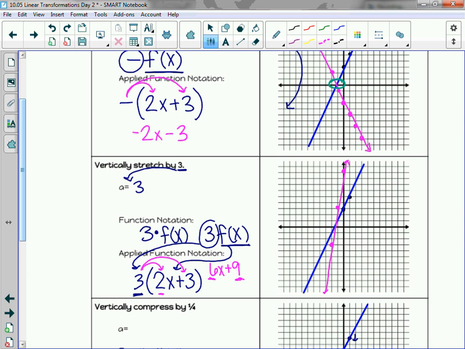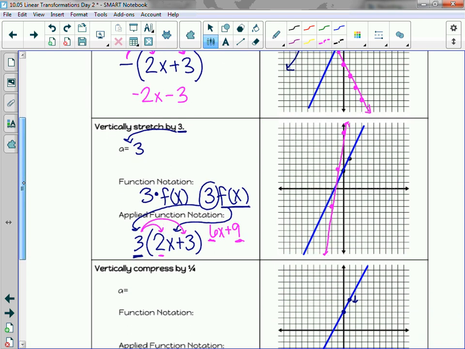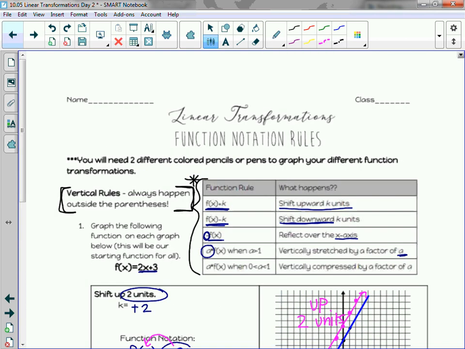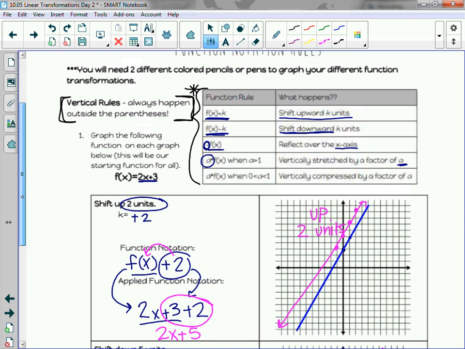So if vertically stretching is pulling it from the top and the bottom, vertically compressing is like a trash compactor, right? You're pushing it from top and bottom. So we're vertically compressing by 1/4. So our a, just like the one previously, is 1/4. If we look back at our table, the rules should be similar.